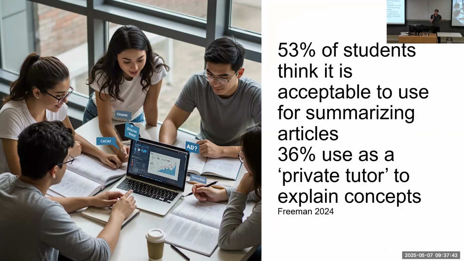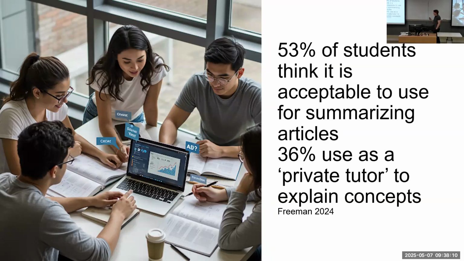There are about 10 articles right now from researchers who have looked at students and reading. I'm going to provide just a few sample examples of what they found. 53% of students feel using AI to summarize is acceptable.